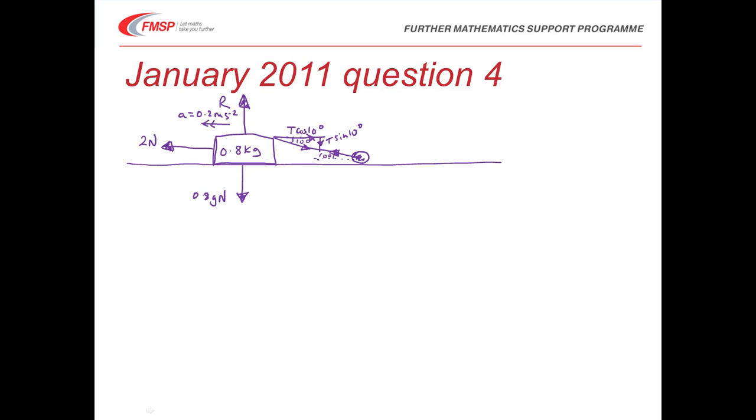We have the same components on the other particle, T cos 10 here, and the vertical component, T sin 10 degrees upwards. Then what else is going on over here? Particle P has a mass of 0.3 kilograms, so it has a weight of 0.3g newtons.